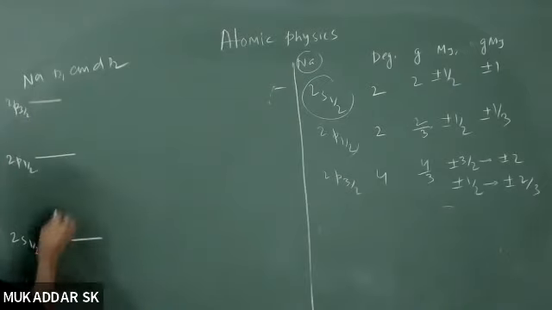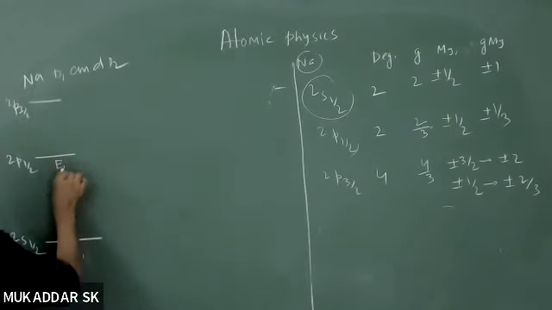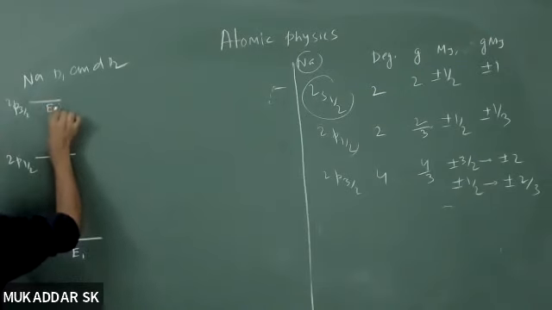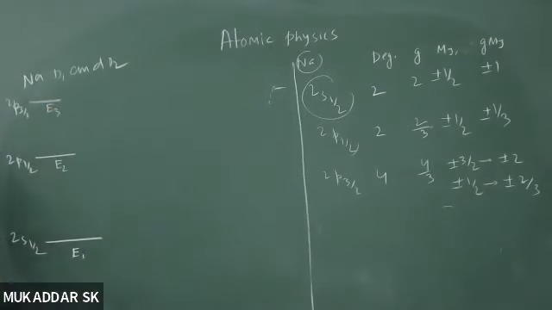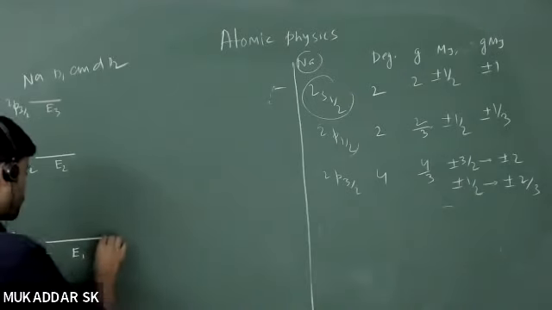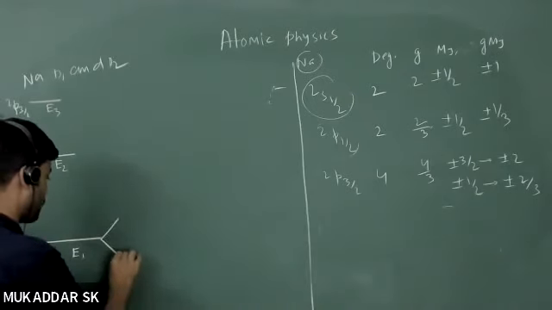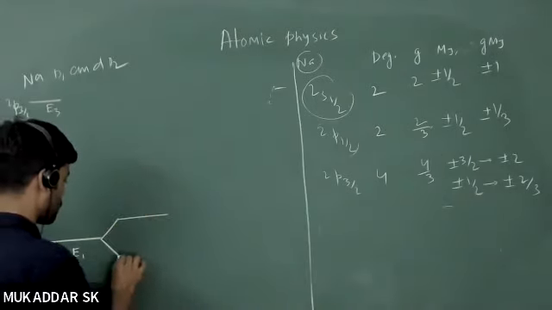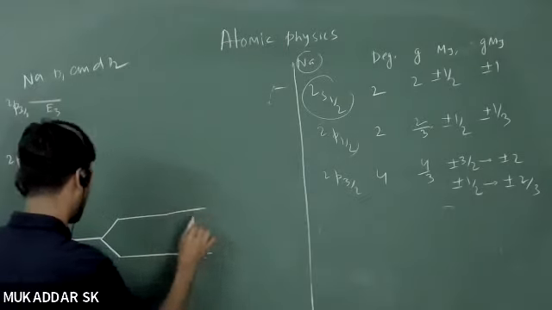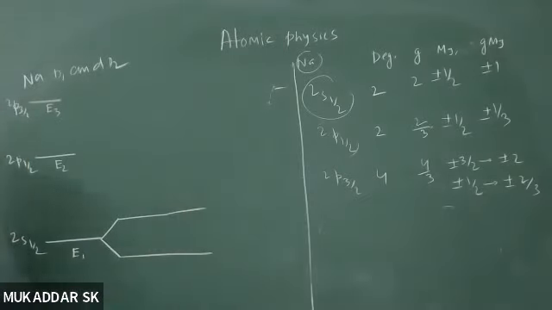Let us define this as your E1 state, this is your E2 state, this is your E3 state. So under the action of a magnetic field, what will happen? It will split into two parts, right? Now how much will be the energy of this level?